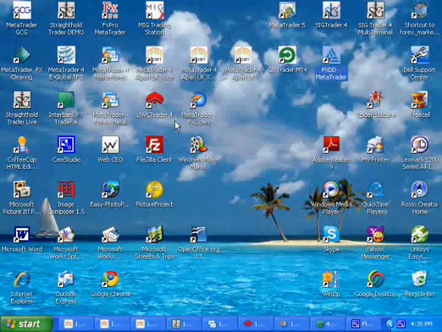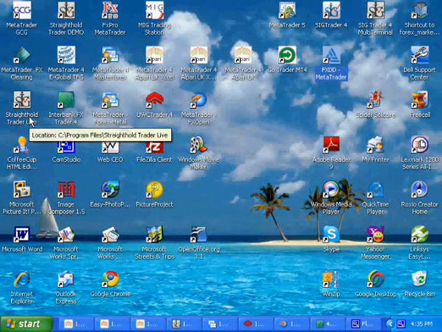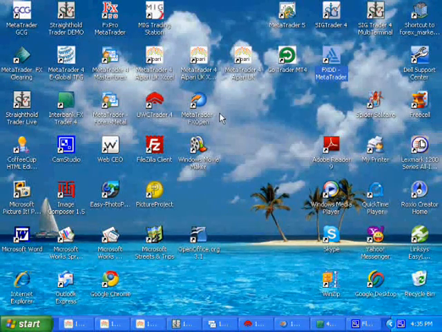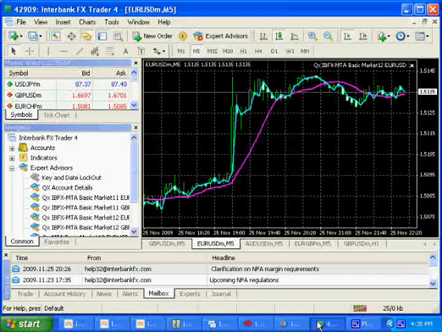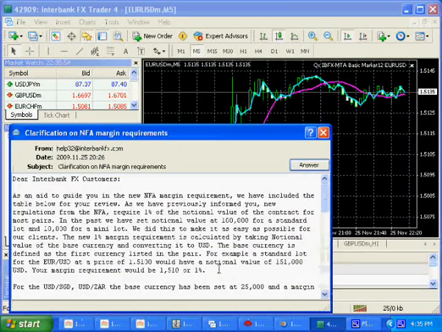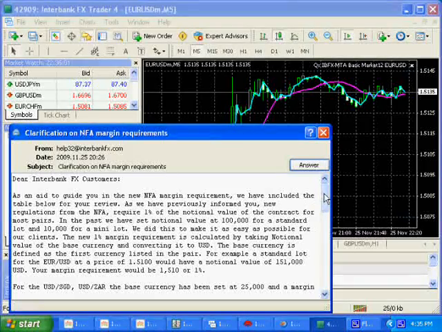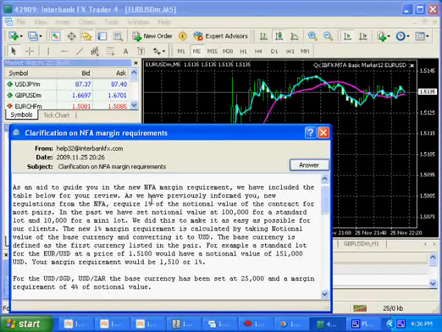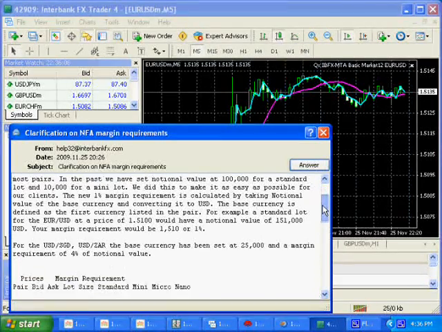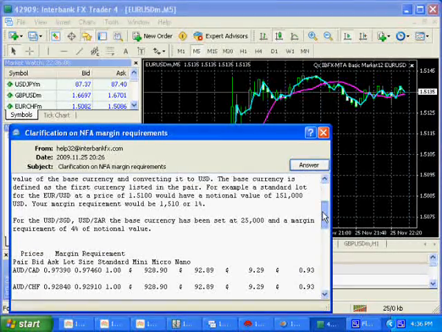Now, in addition, I am looking for more platforms to set up more accounts with, because the market constantly changes. Just recently, for instance, IBFX has now adopted the new NFA margin requirements, which are quite dramatic in their new constructs.